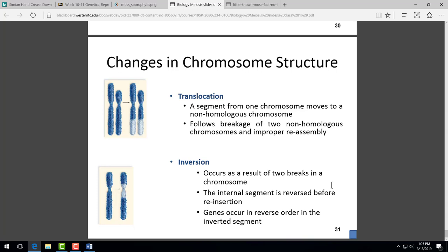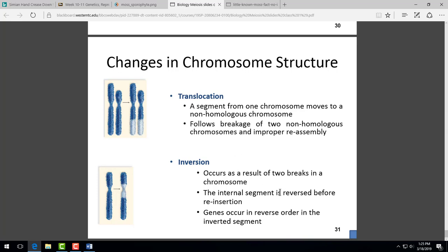Well, there's other chromosomes in the environment, and sometimes that crossing over, that synapsis, happens between non-homologous chromosomes. So it's not chromosome 1 of dad and chromosome 1 of mom, it's chromosome 1 of dad and maybe chromosome 3 of mom, and now they swap and they have inappropriate chromosome segments on non-homologous chromosomes. So we call that a translocation. To translocate, just think of it like you're moving, right? You're moving from one place to another.